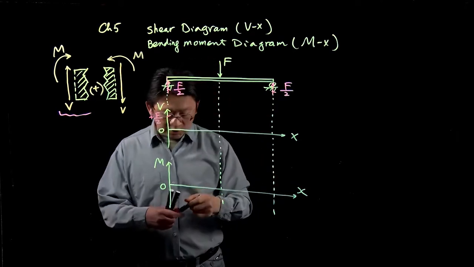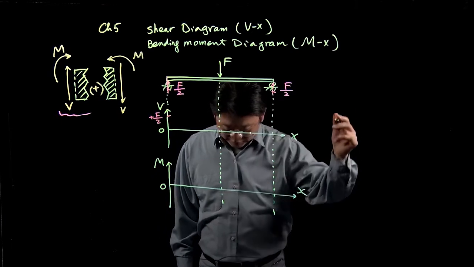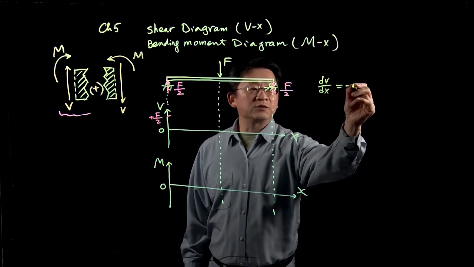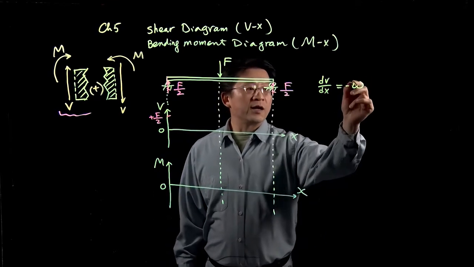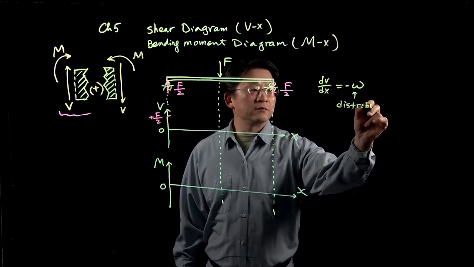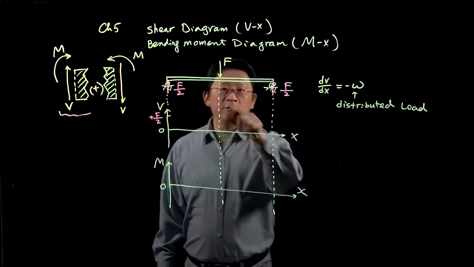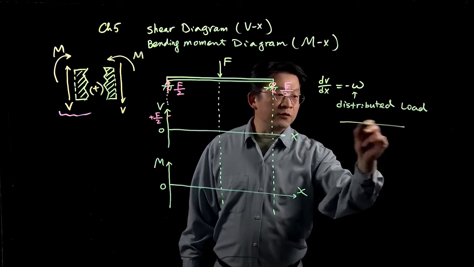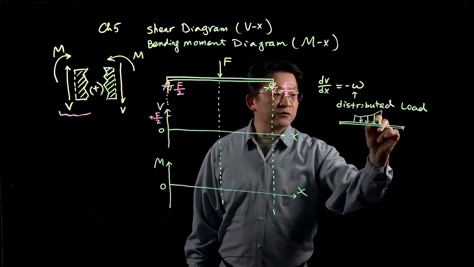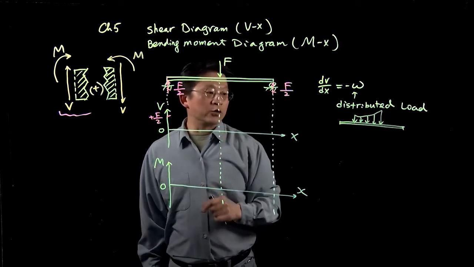We're going to learn two important formulas in this chapter. The first is dV/dx equals minus omega, where omega is the distributed loading. If the beam has a pressure-like loading, that is a distributed loading; for this case, we don't have any.